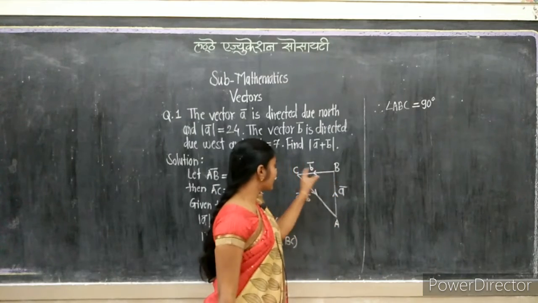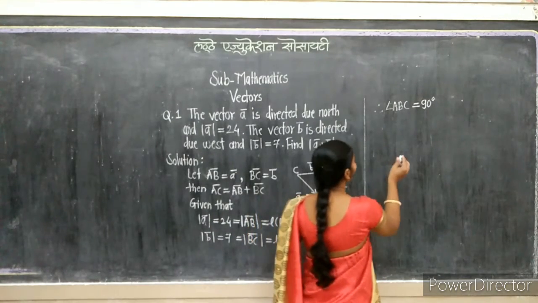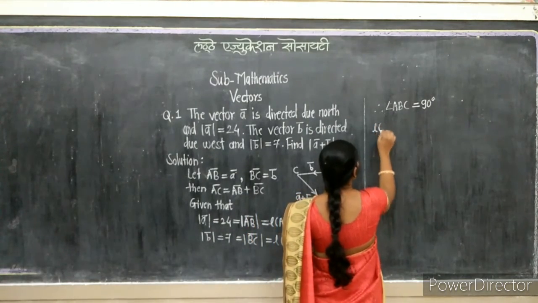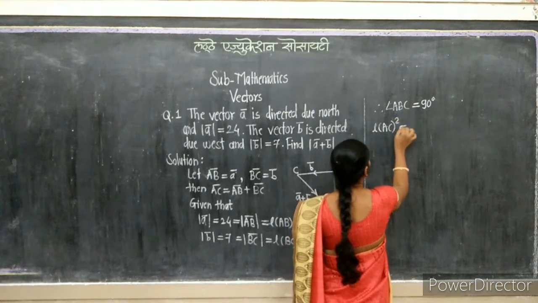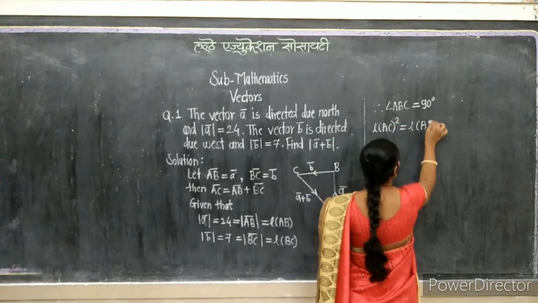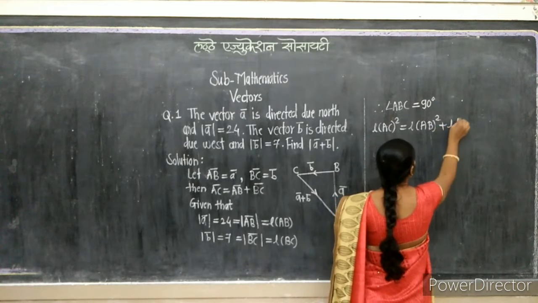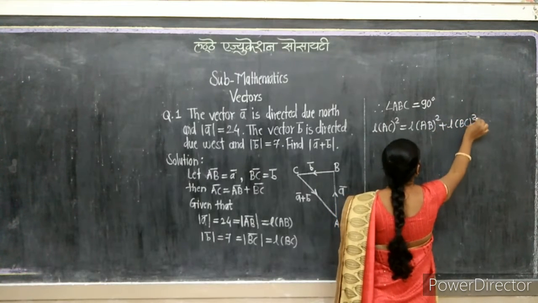Angle ABC is 90 degrees, therefore by Pythagoras theorem length of AC square is equal to length of AB square plus length of BC square.